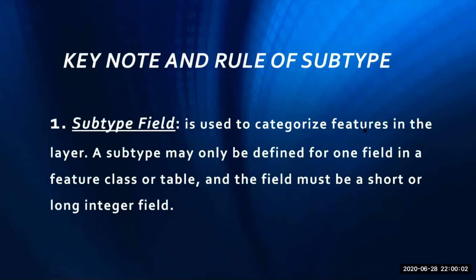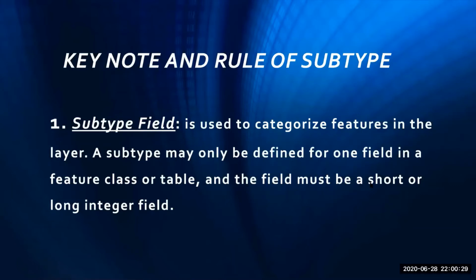A subtype field is used to categorize features in the layer. The layer we are talking about in this case study is the block. We want to classify them, we want to categorize them. Subtype may only be defined for one field in a table, so it can be applied to a feature class or a table. And the field must be a short or long integer field.